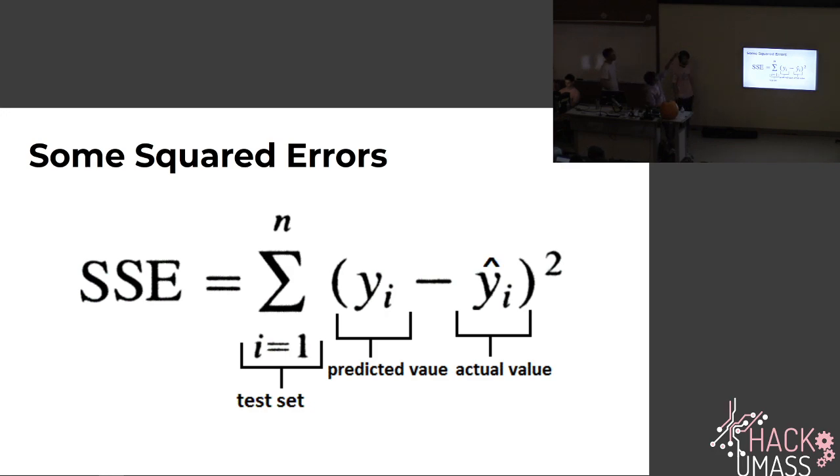If you see the i at the bottom, the i starts at 1 and goes to n. It's just a for loop, and you add all the things inside the for loop. That's it. And then on the inside, you have the predicted value, you have the real value, you subtract them, and you square it. Okay? Any questions? No? Pretty straightforward, hopefully? Cool.